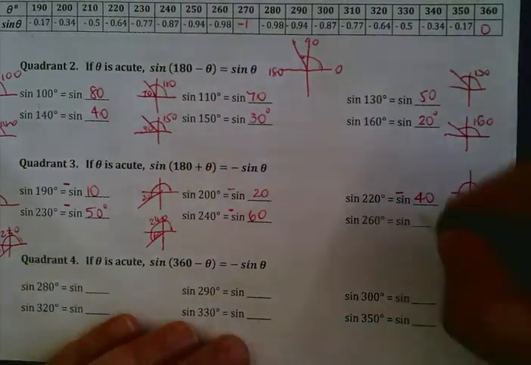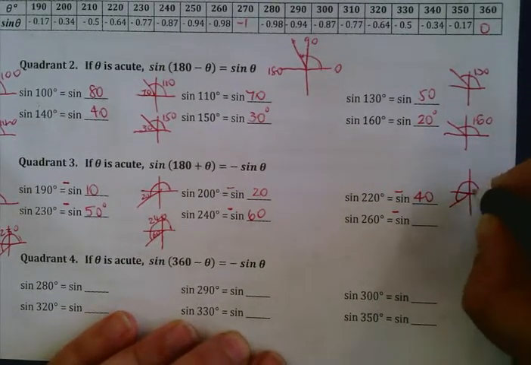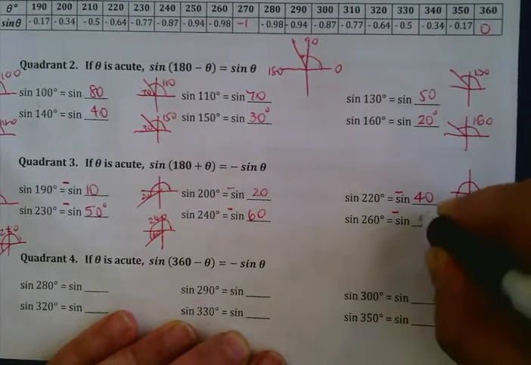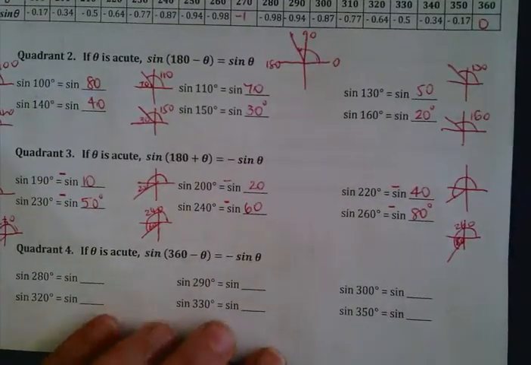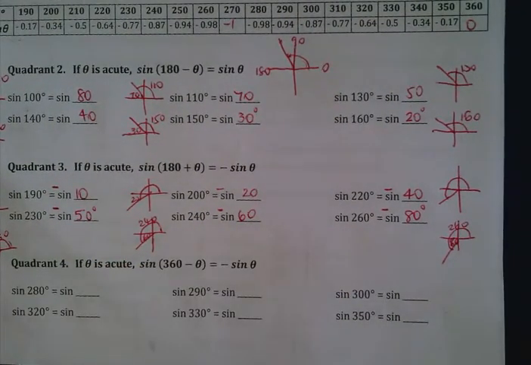It's negative sine 40. And sine of 260, 260 will be down there. The little angle in there is 80, sorry. It's the same as negative sine 80, because you think of the 260 as being 180 plus 80 more. Do you get the idea of this?